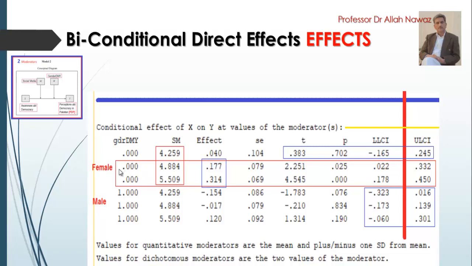So the two female groups with 4.88 score on SM or 5.509 score on SM are giving significant results, and the increase in SM from 4.8 to 5.5 is also increasing the effect from 0.177 to 0.314.